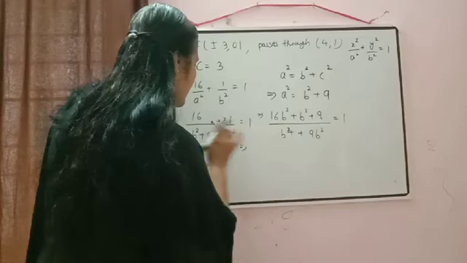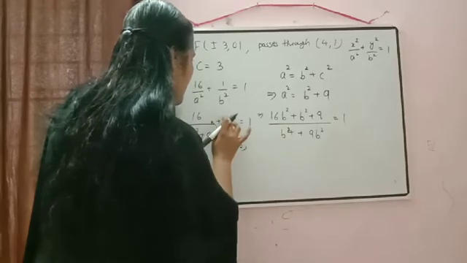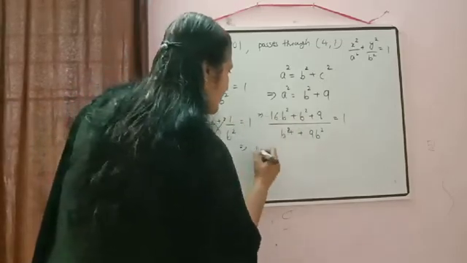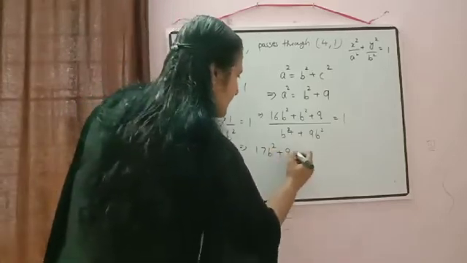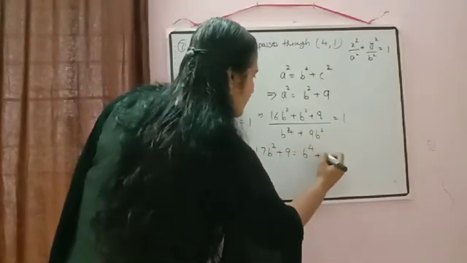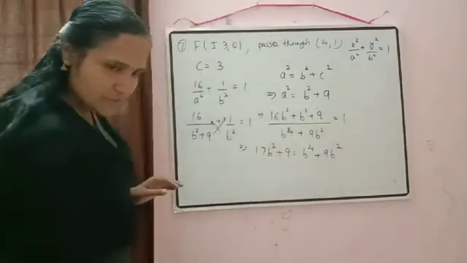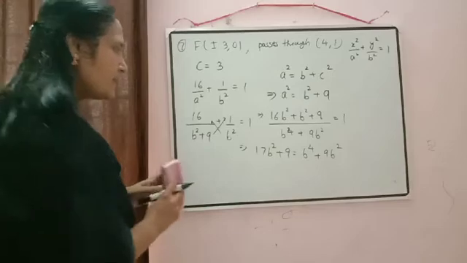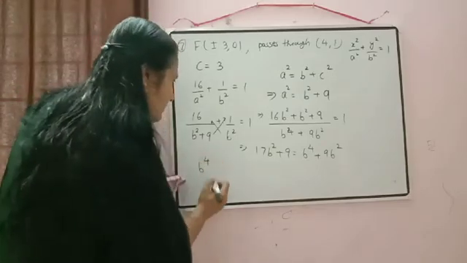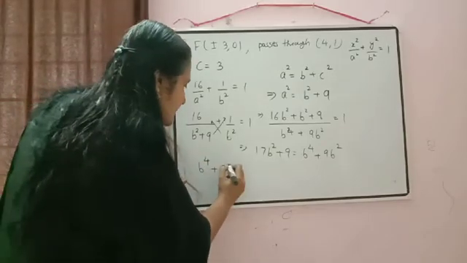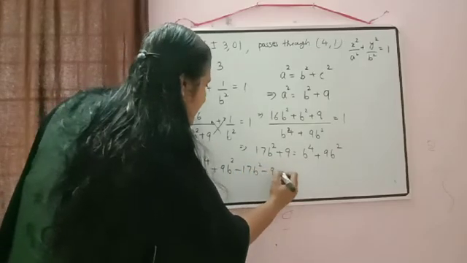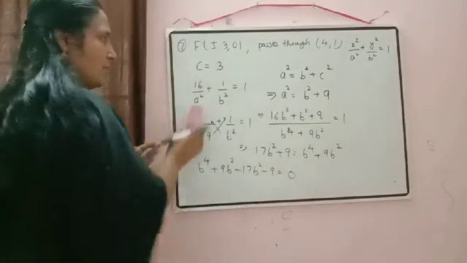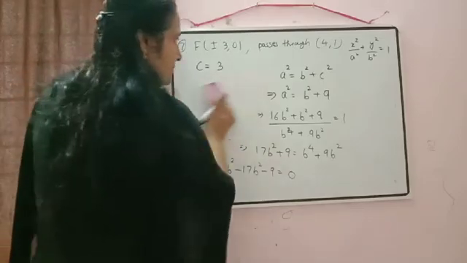Then we will get 16b square plus b square, so that will be 17b square plus 9 is equal to b raised to 4 plus 9b square. Now we can shift all the expression to the right hand side. Then what will come? b raised to 4 plus 9b square minus 17b square minus 9 is equal to 0.